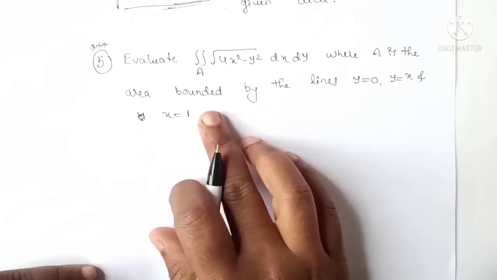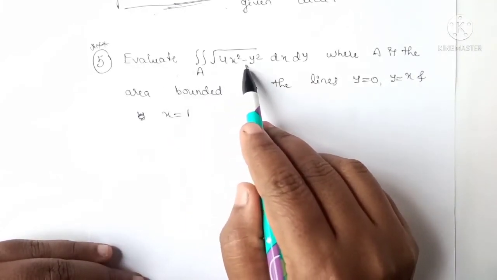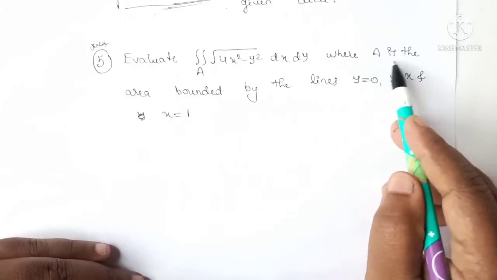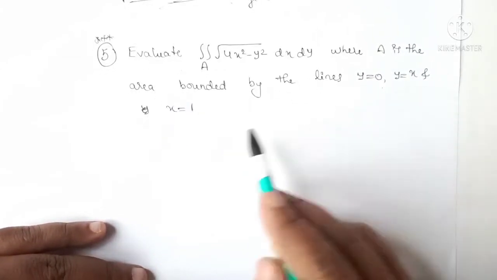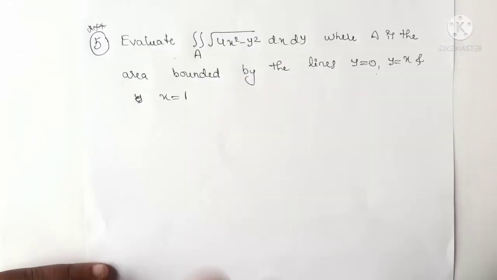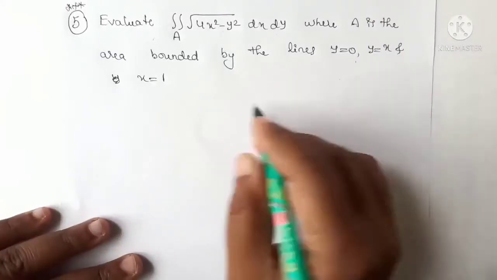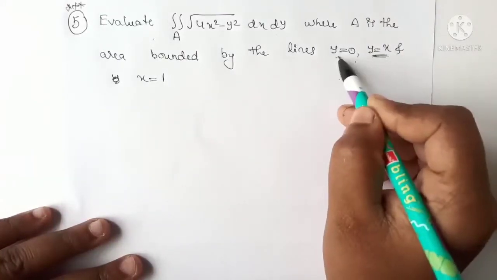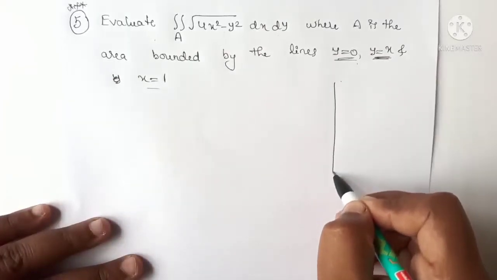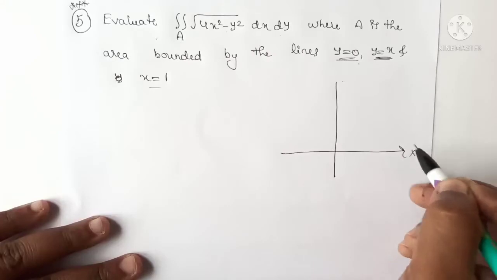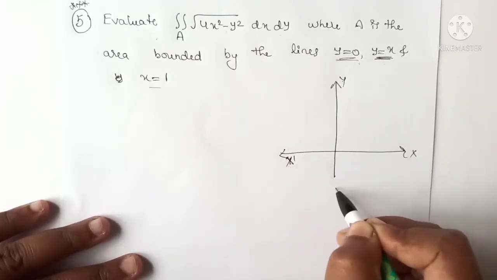Next problem. Evaluate the double integral square root of 4x square minus y square dx dy, where A is the area bounded by the lines y equals 0, y equals x, and x equals 1. So first let us draw the figure for this given region. The lines are y equals 0, y equals x, and x equals 1. First let us draw a plane: x axis, y axis, x dash, and this is y dash.